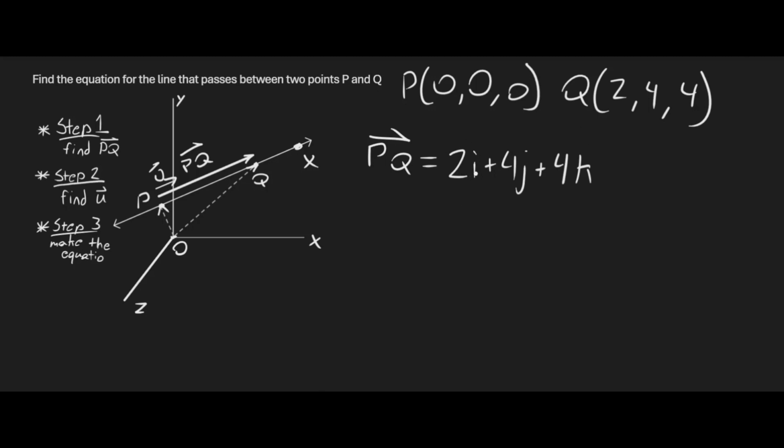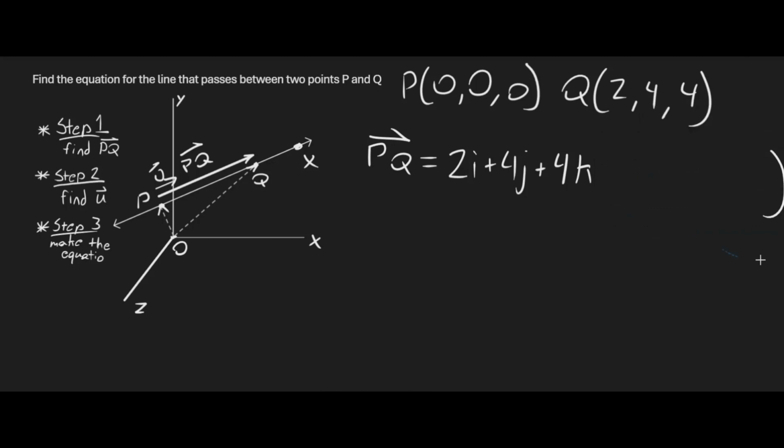So i is the component for x, j is the y component, and k is the z component, minus 0i plus 0j plus 0k. So this is just going to cancel out because it's 0. And so we find that PQ is equal to 2i plus 4j plus 4k.